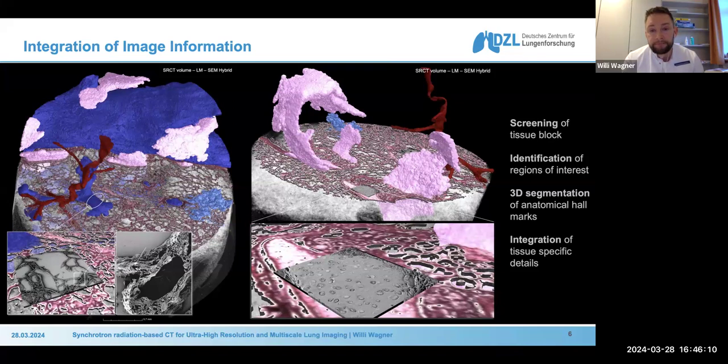Also integrated in this example image is a histological slide with the pinkish structure at the interface here of the volume. It's the number one main staining that is being used to do morphological investigation on any tissue.